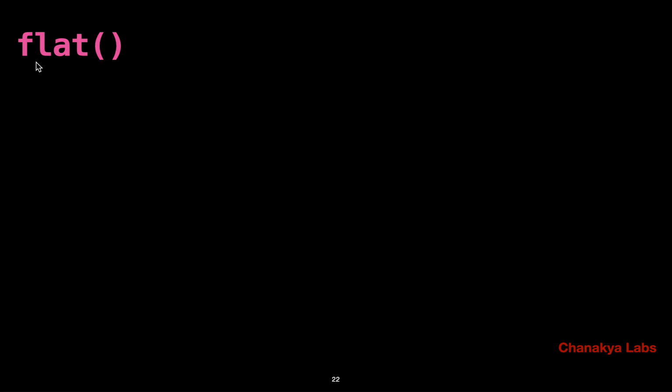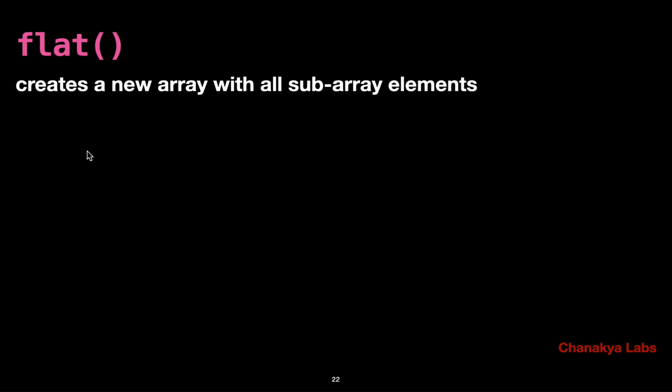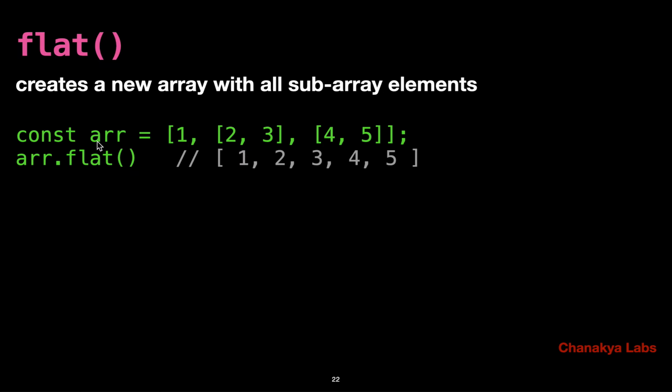So flat is available on arrays as array.flat, which creates a new array with all sub-array elements. That means, let's say there is an array in which some of the items are again arrays. So it is sort of an array of arrays, or to be precise, not all elements are arrays. For example, this is not an array, but some are. It doesn't matter.